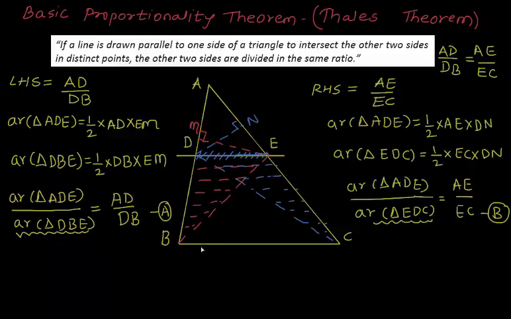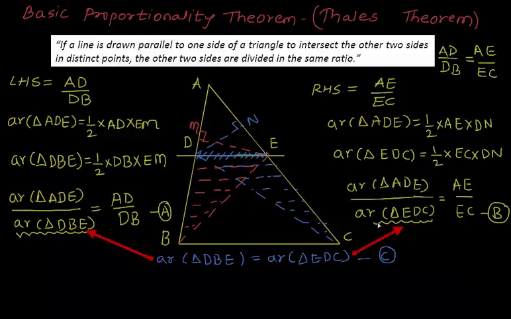So what we get is that the area of triangle DBE must be equal to the area of triangle EDC. Why? Because they have the same common base, and as they are drawn between two parallel lines, their heights will be the same. Hence, they have the same area.